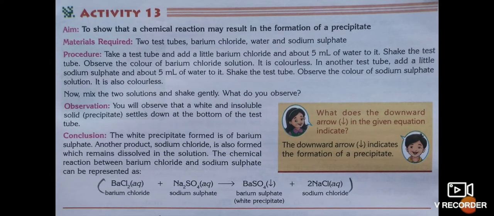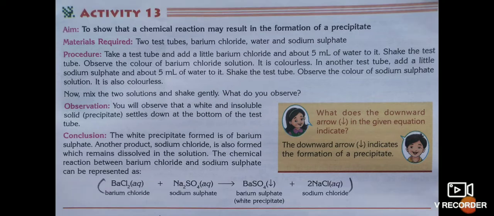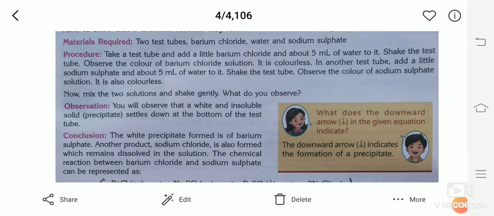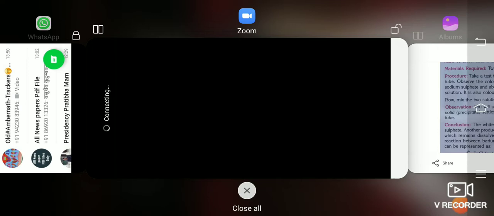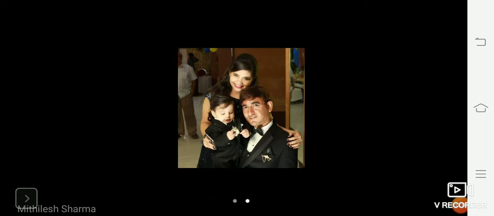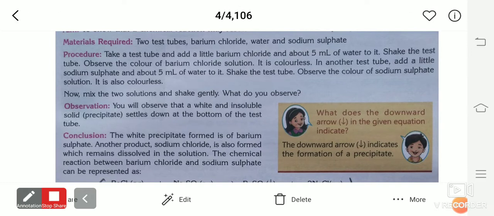Now let's look at the activity to show that a chemical reaction may result in the formation of a precipitate. In the last lecture I did the same thing, the formation of a precipitate. What do we mean by formation of a precipitate?